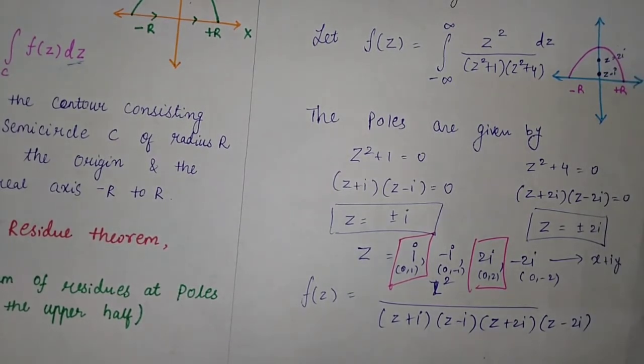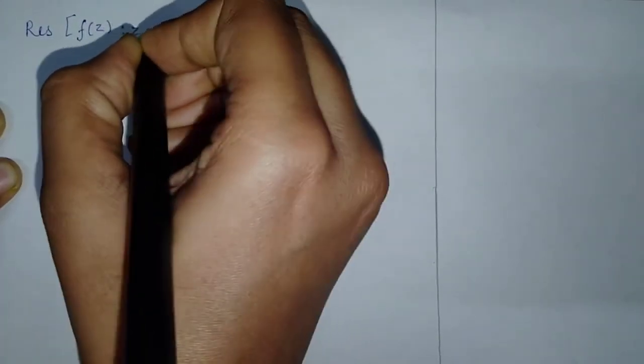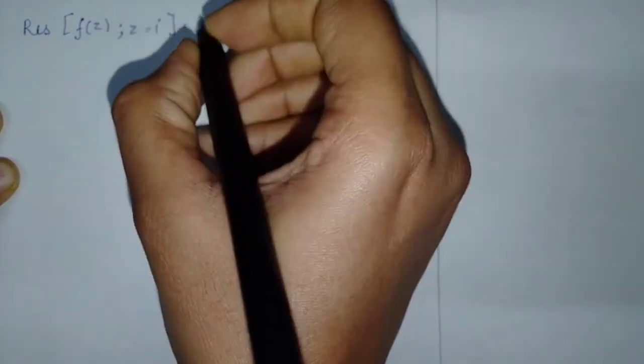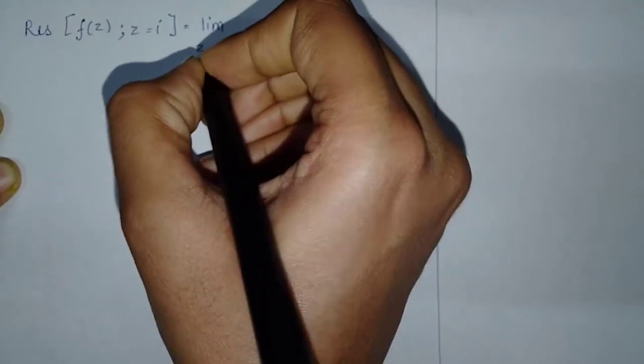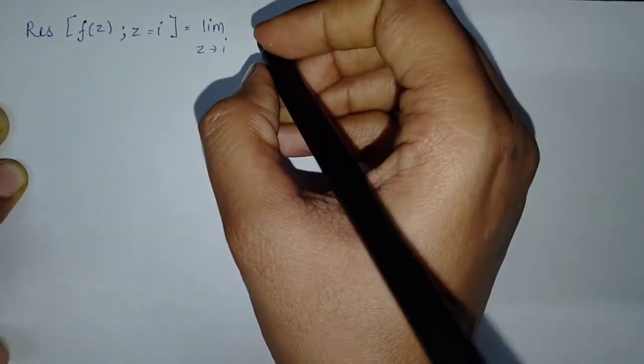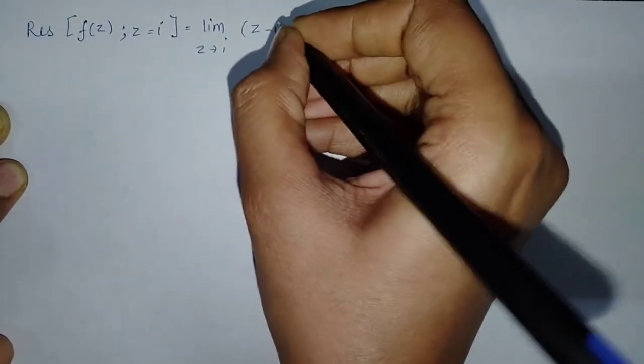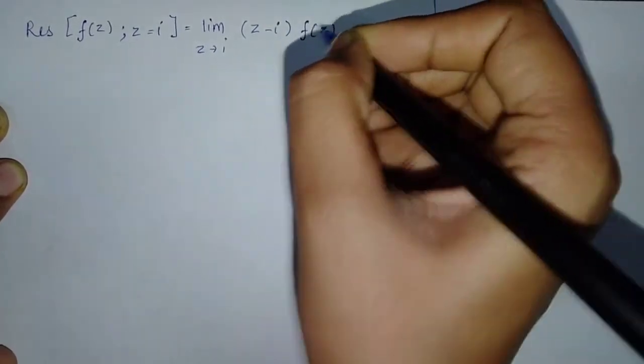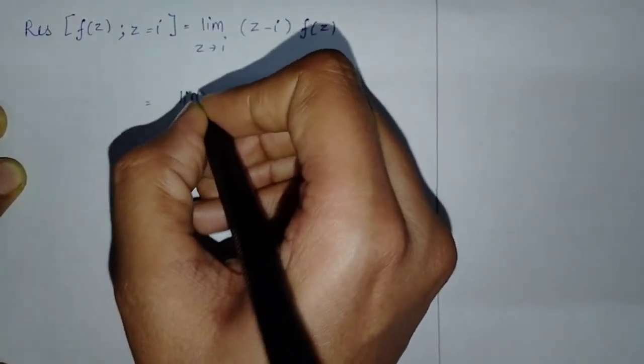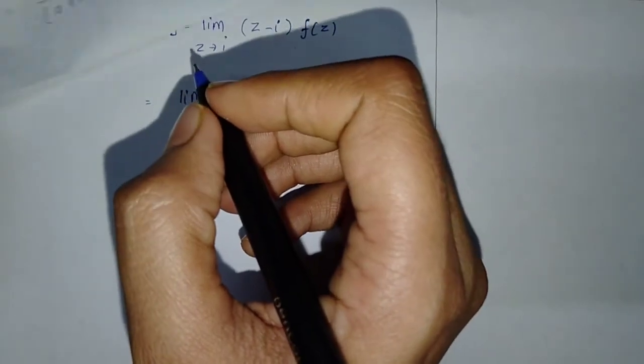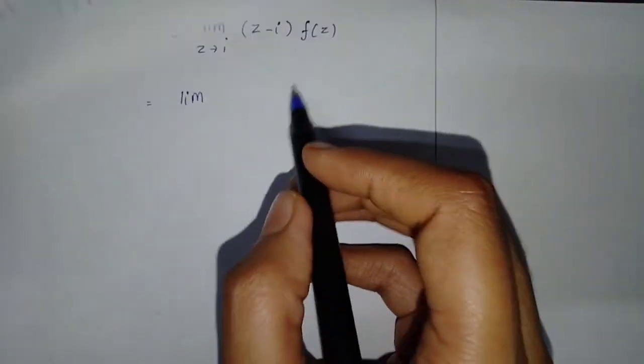Okay? So we will find first the residue at point z equal to i. z equal to i માટે કરીએ, then it will be limit z tends to i of (z minus i) into the given function. Then function જે છે આપણું આ ફંક્શન જે છે એ આપણે અહીંયા પુટ કરશું.